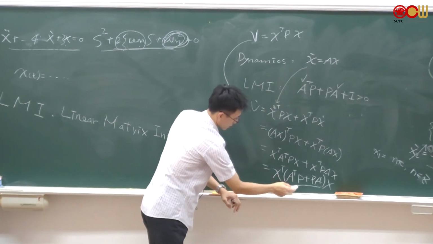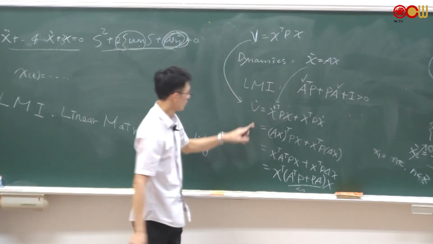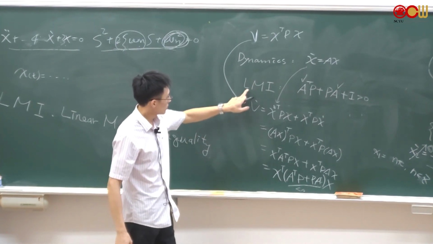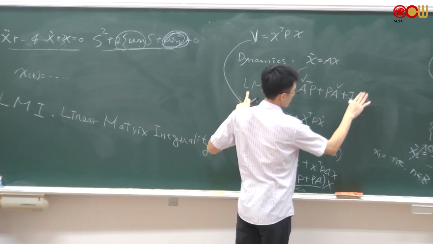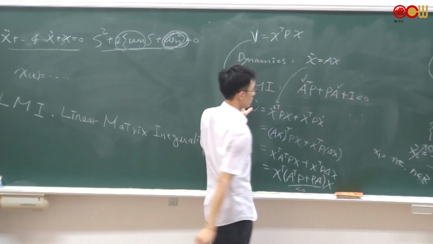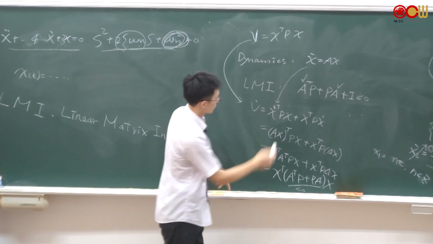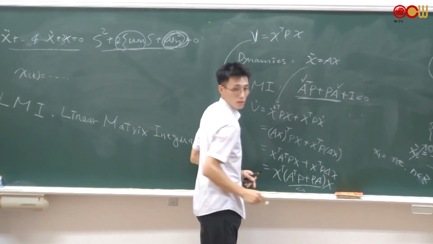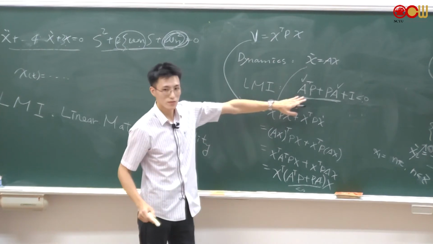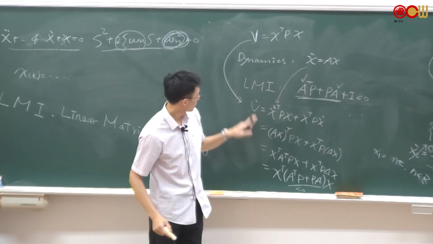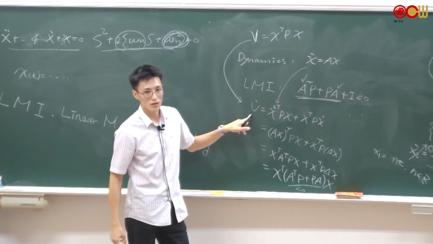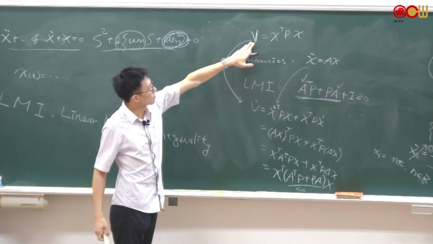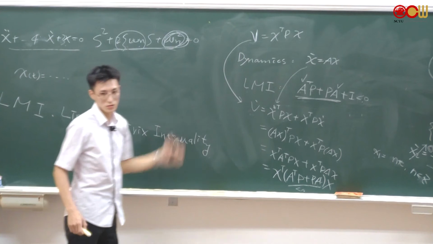And if this is negative definite, V dot is negative definite, right? So this LMI is trying to find a P given A such that this is negative, because if this is negative, V dot is ND. So in this case, this Lyapunov function can be computed using LMI.